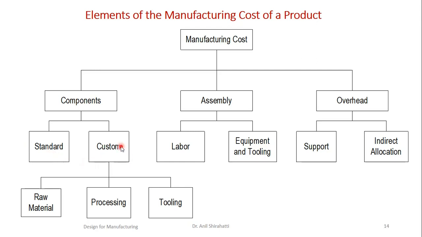But if you want a custom size of 19.88 or 20.02, you need to get the raw material processed. Again, you need the tooling. A simple internal or external threading tool itself will cost you around 5 to 6,000. So if you are producing a very limited number, it will not work out.